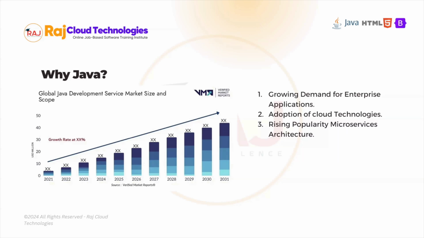As all of you know, about two decades before, most of the computer applications were developed on mainframes or C, and these languages are not interoperable programming languages. That means if you write code on a particular machine, there is no guarantee that those programs can run on machines with different configurations or different operating systems.